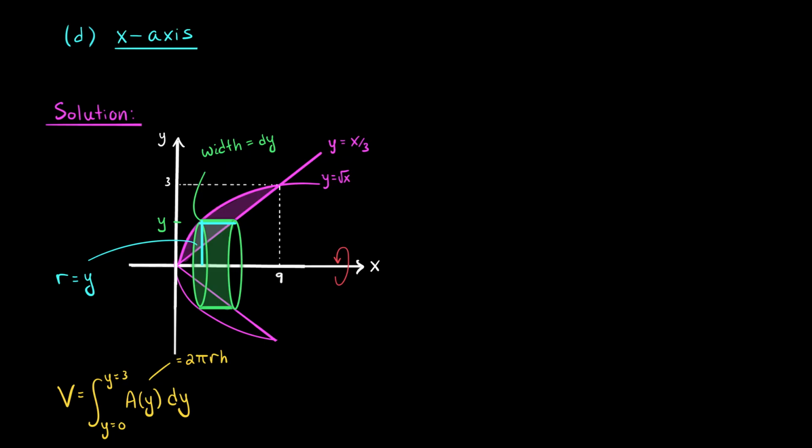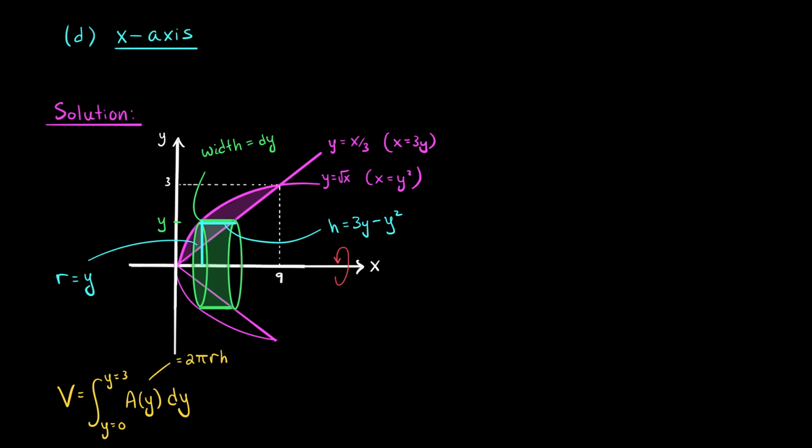If we solve for those x's, from the line we get x equals 3y, and from the root function we get x equals y squared. Therefore, the height h is right minus left. It would be 3y minus y squared.